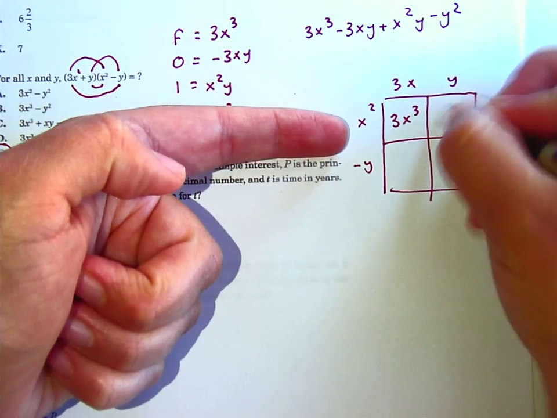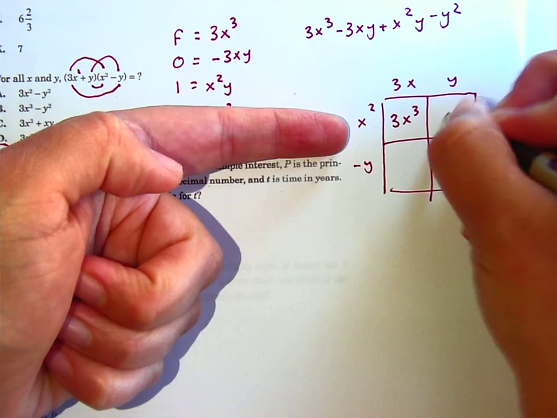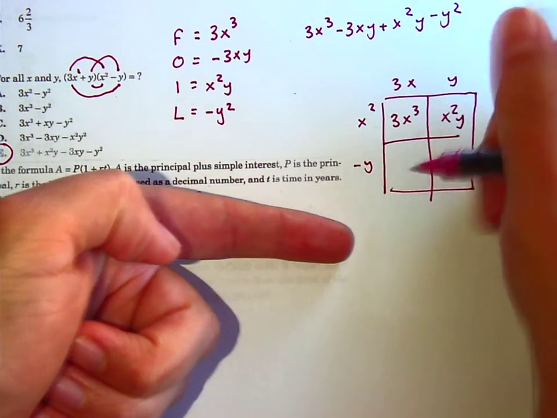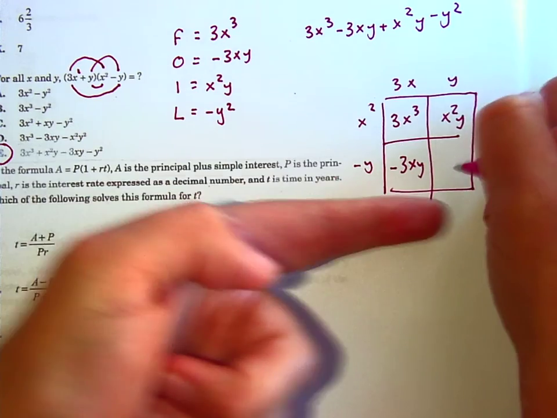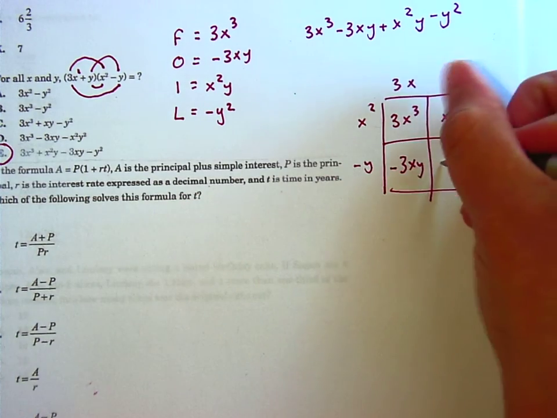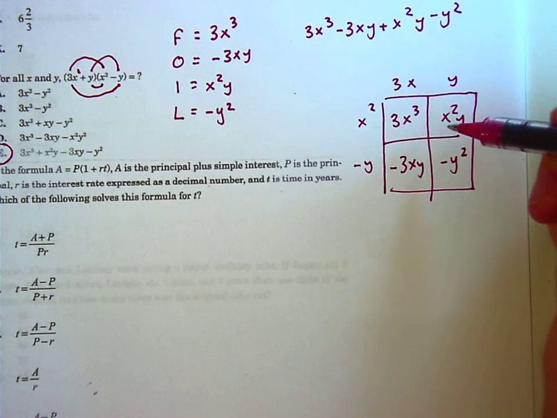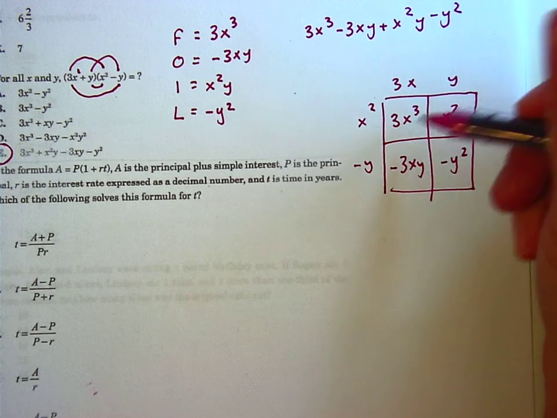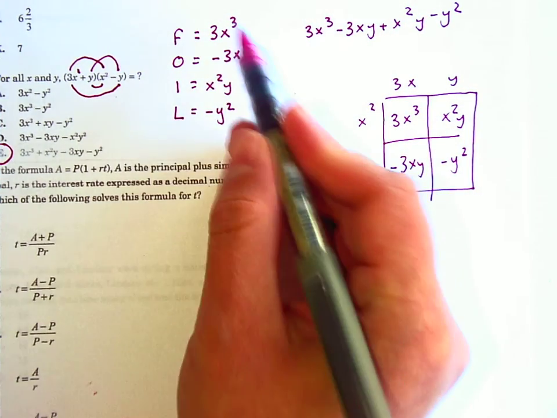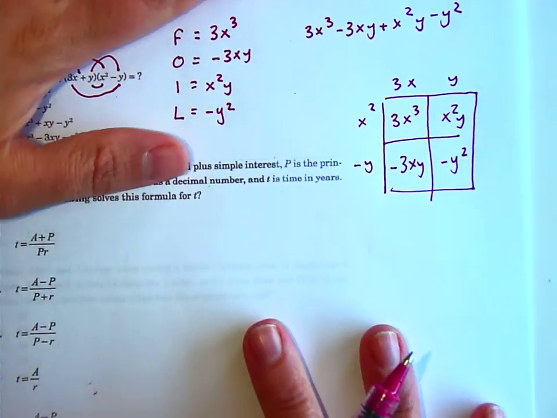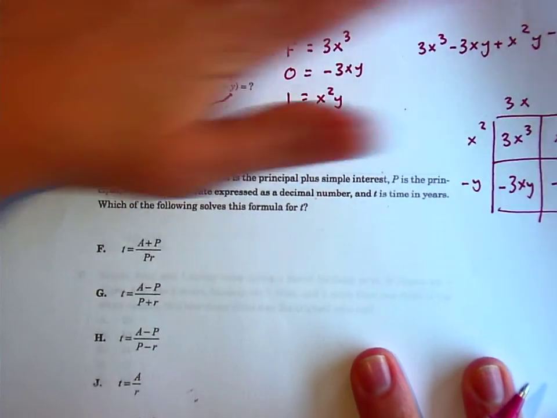And then this spot would be the y times the x squared multiplied together. And this spot is -3xy, and that one is the y and the -y, which makes -y squared. So you see that these numbers inside this rectangle are exactly the same as the numbers you get from FOIL. So you definitely don't have to do it both ways, but whichever way makes more sense to you.